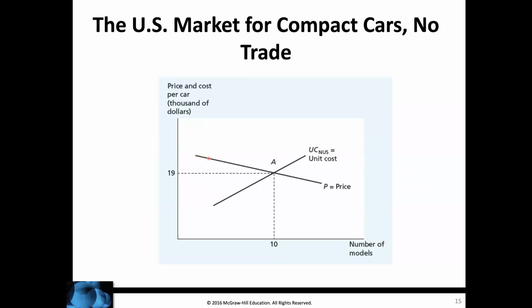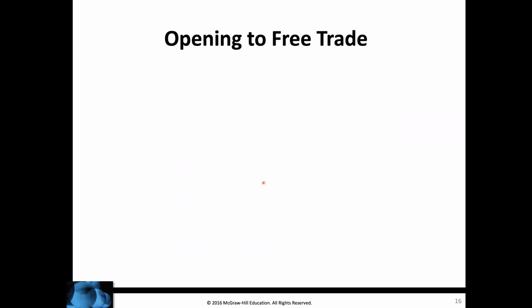The more models we have, the more that price curve slopes downward, so the price decreases the more models there are. And here's the unit cost. The unit cost goes up the more models are available because we're unable to achieve scale economies. So here is our equilibrium price for the car, right here at 19. This is with no trade.